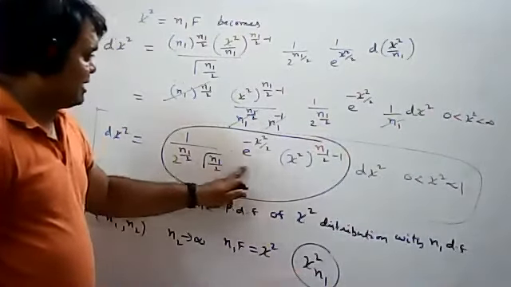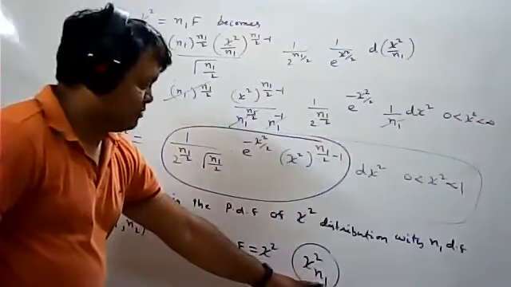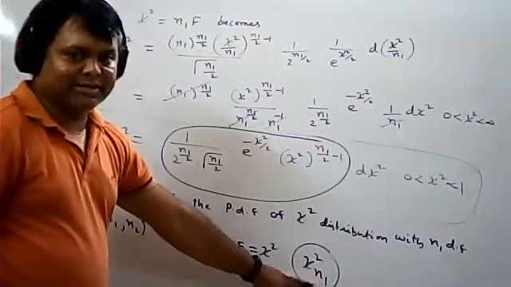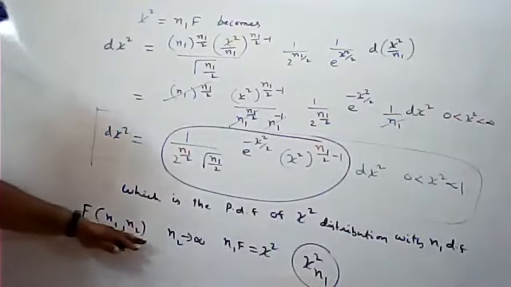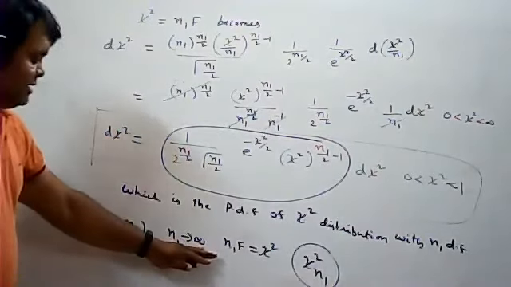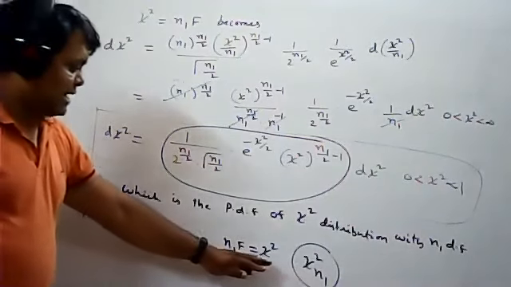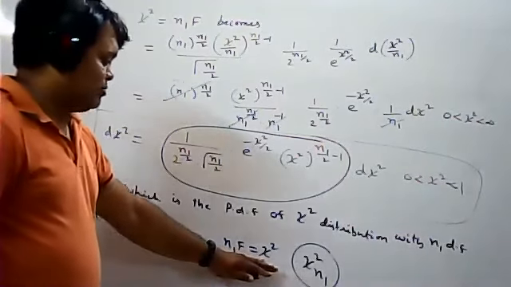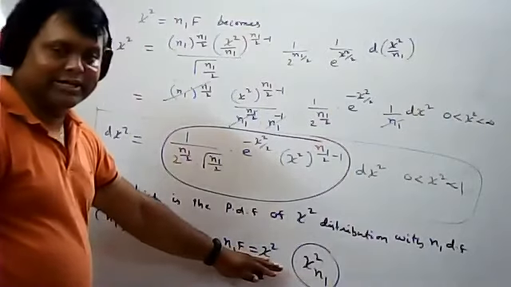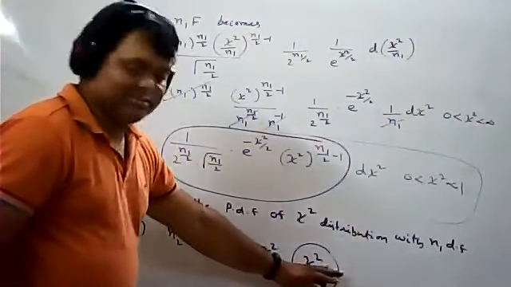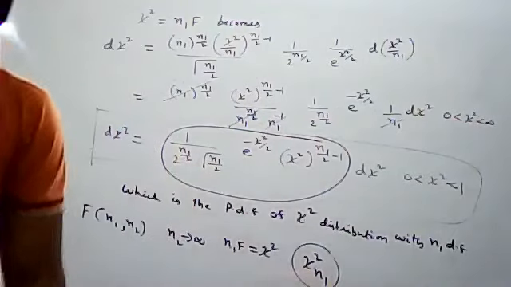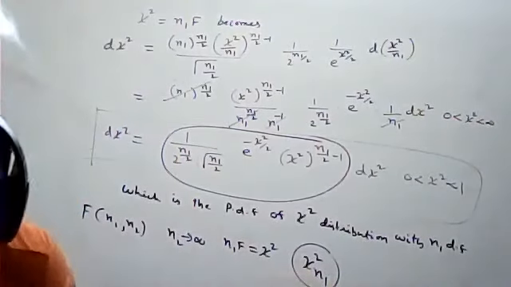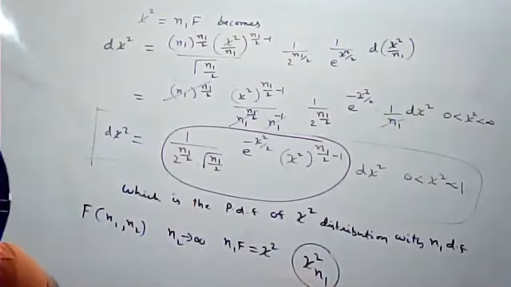Then what you get is the chi square density function with N1 degrees of freedom. So what is the statement? In F distribution with N1 and N2 degrees of freedom, if we let N2 tend to infinity, then chi square equal to N1 into F follows chi square distribution with N1 degrees of freedom. I hope it is clear now. These relations are very important, chi square, t and chi square, F.